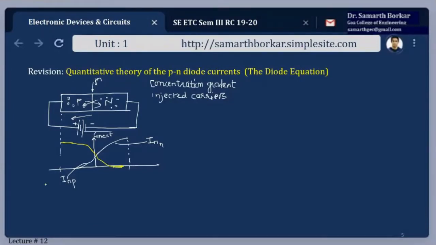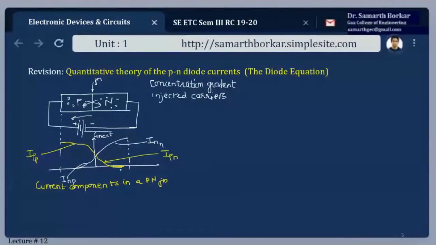I can write here the current components in a PN junction. See, the graph tells you so many things. The graphs and the equations are the most important things. I can name this as the current due to the holes in the P region, and here I can write this as the current due to the holes in the N region.